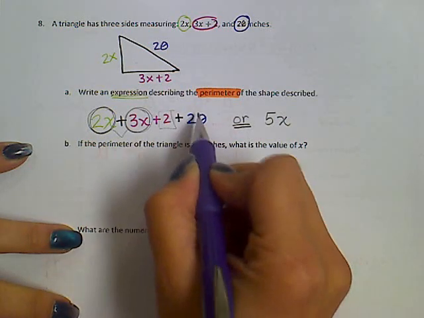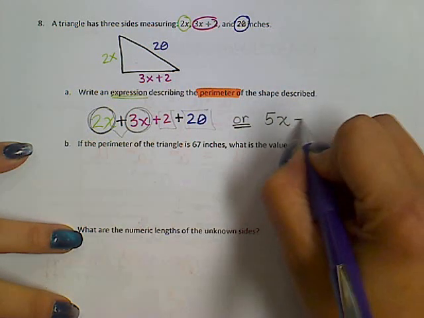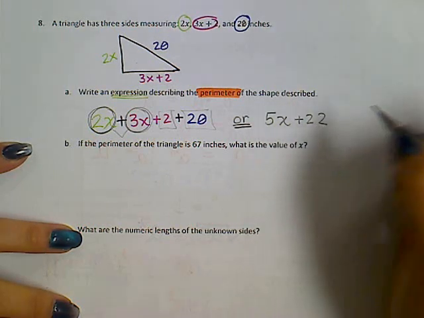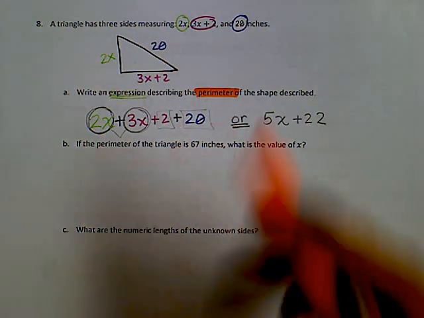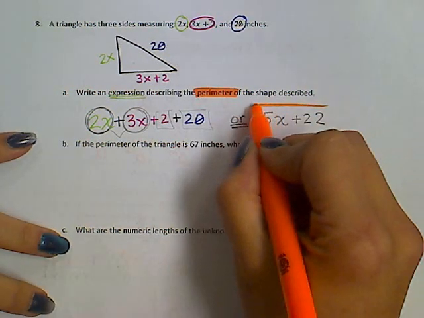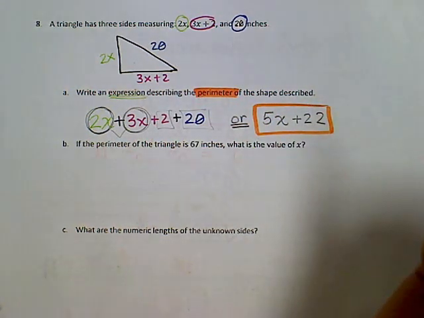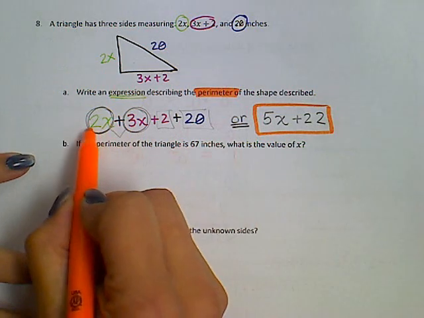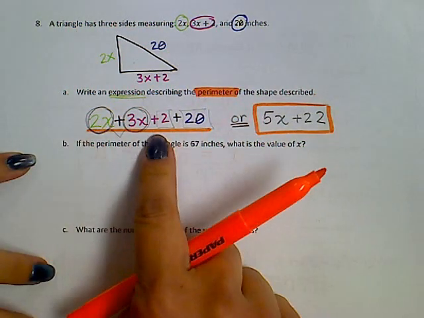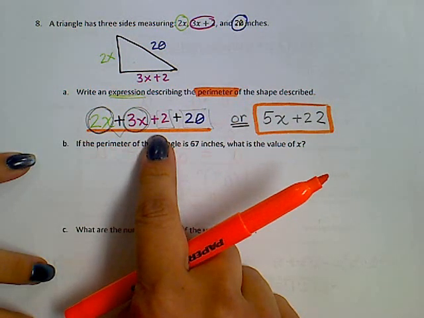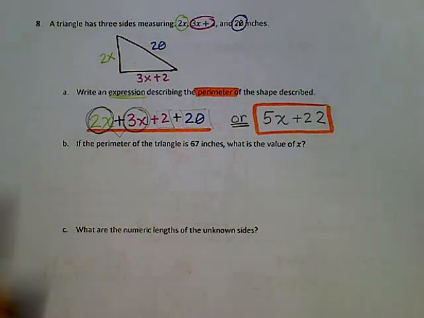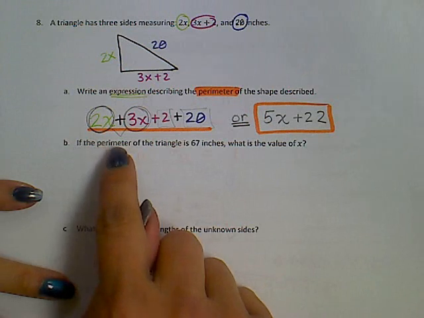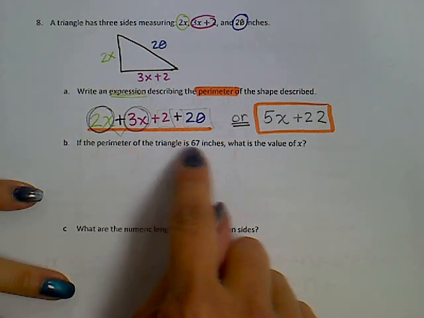And then I have my constants. Now, this would be a very nice and simple expression of my perimeter. Now, I am nice, and on your test, I would accept either this one, which is absolutely correct, or this one that is simplified.